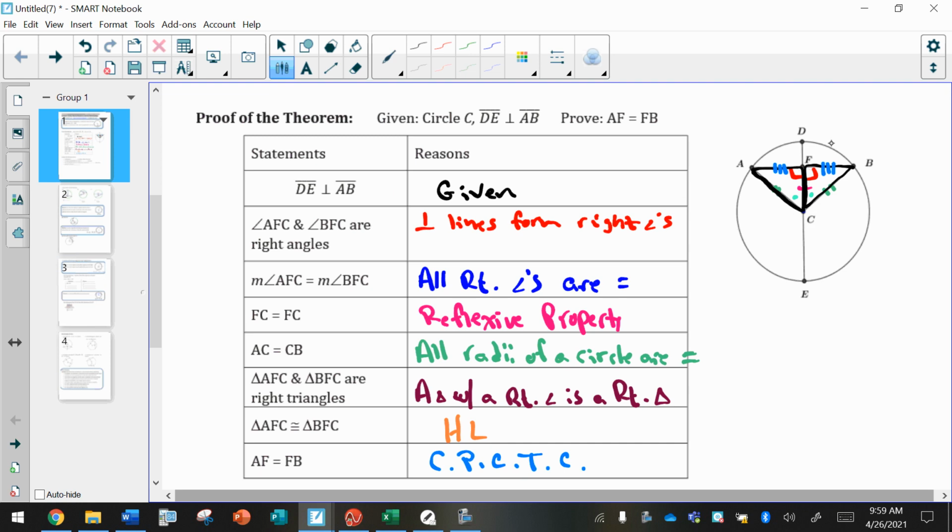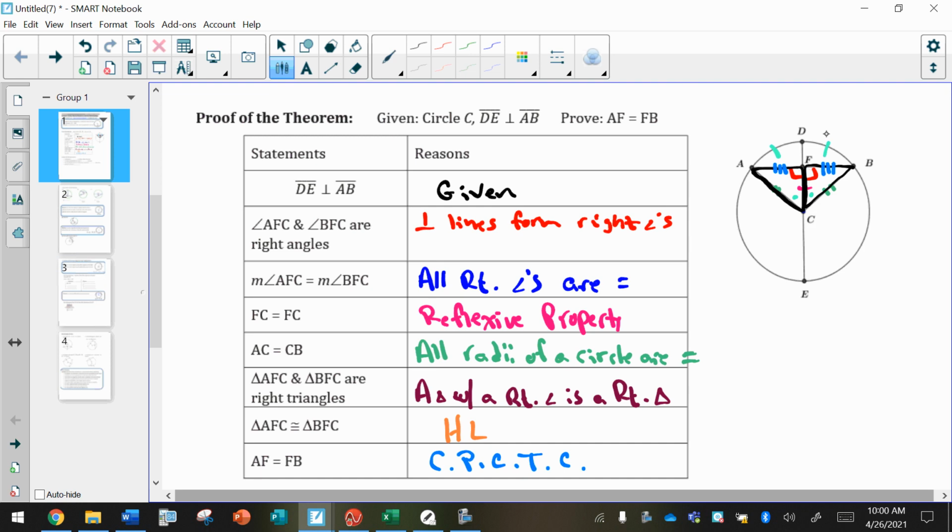So we could get arc DB congruent to arc AD, because central angles that intercept equal angles are equal arcs. Or you can say arc DB is equal to angle DCB, and arc AD is equal to angle ACD, and they would both be equal.